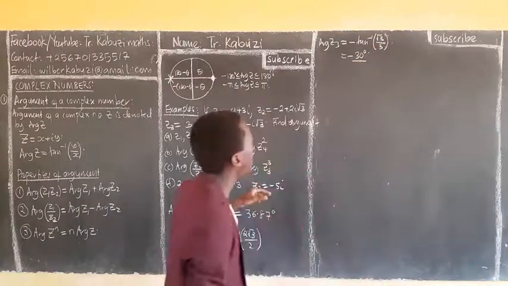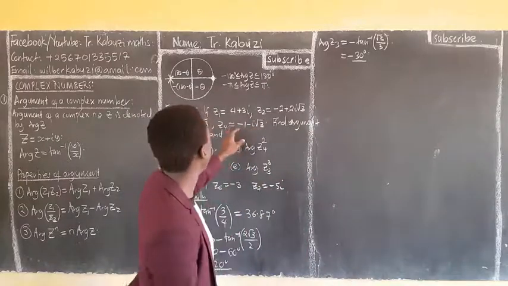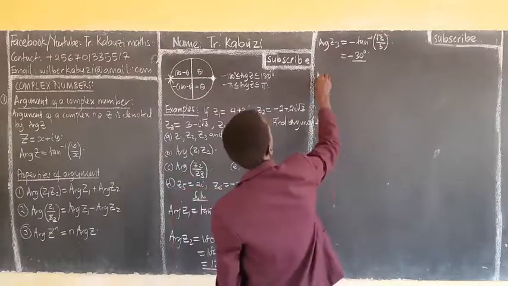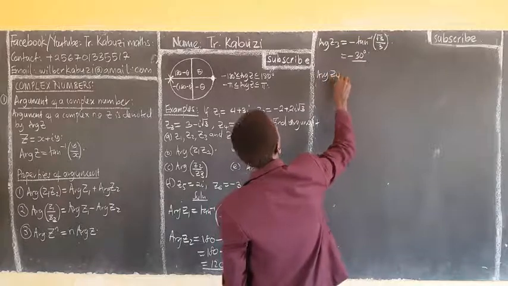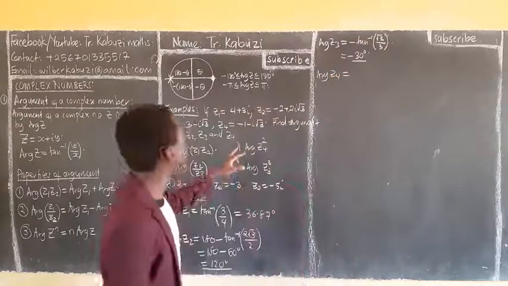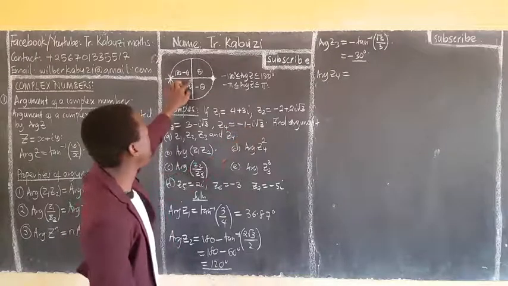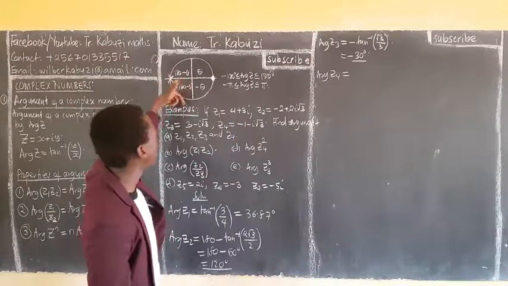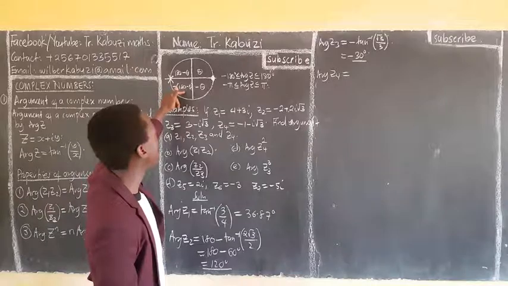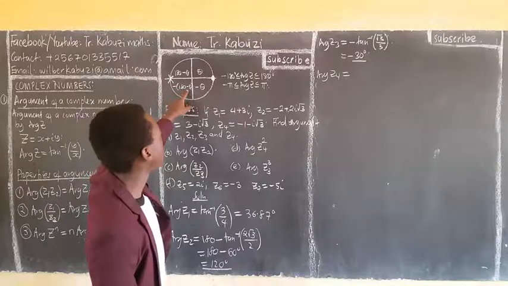When I come now to z4, the real part is negative and the imaginary part is negative, meaning it's in the third quadrant. This is how we get the angle.